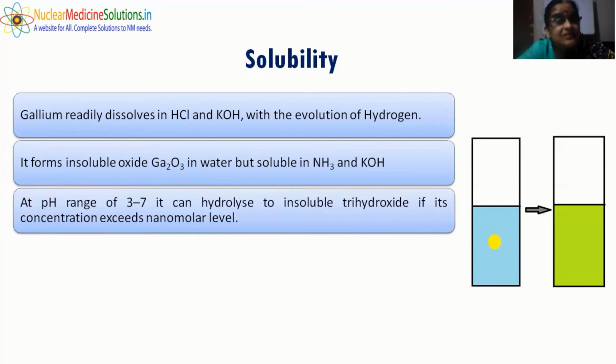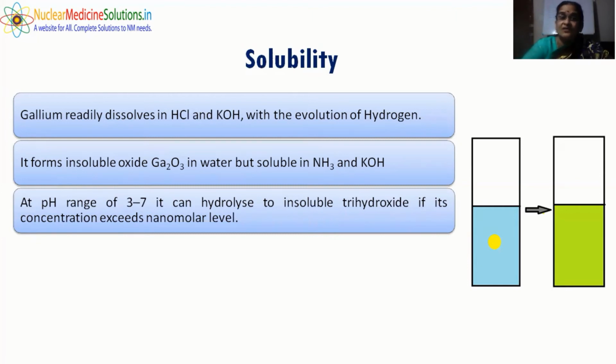Now, at a pH range of 3 to 7, it can hydrolyze to insoluble trihydroxide if its concentration exceeds the nanomolar level. So a very small concentration is required, and at this pH 3 to 7, if its concentration increases, it can become an insoluble trihydroxide. This is what it means.